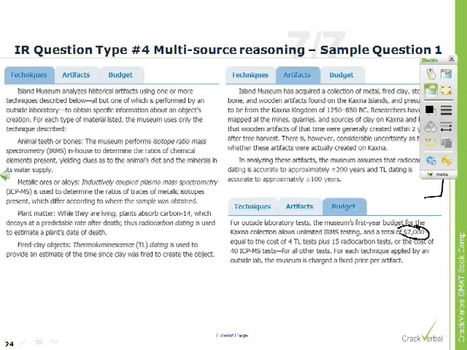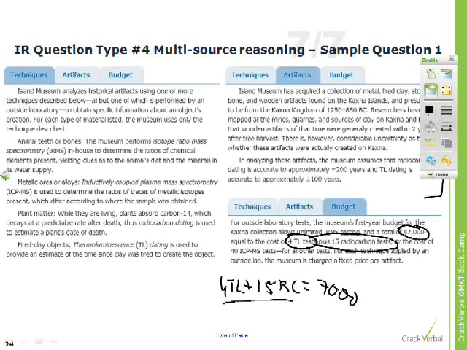Right? The $7,000 is equal to the cost of 4 TL tests plus 15 radiocarbon tests, or the cost of 40 ICP-MS tests. So 40 ICP-MS is equal to 7,000. Right?